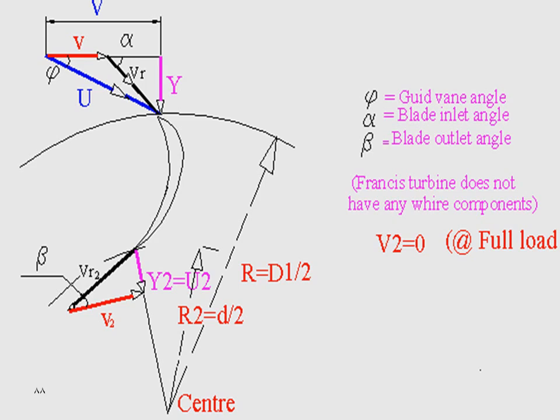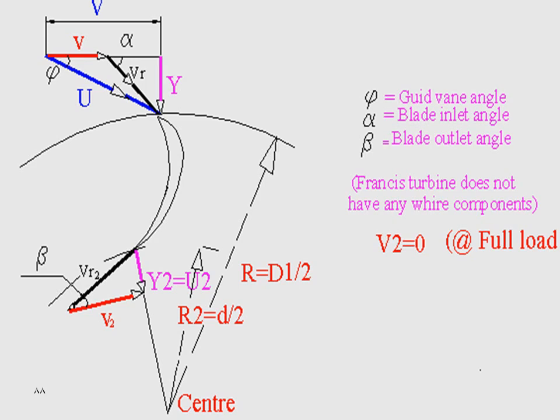At the outlet of the runner vane, we have the relative velocity Vr2, whose direction is the same as the direction of the blades at outlet, plus v2, the tangential velocity at outlet, equal omega R2 or pi D2 N over 60.